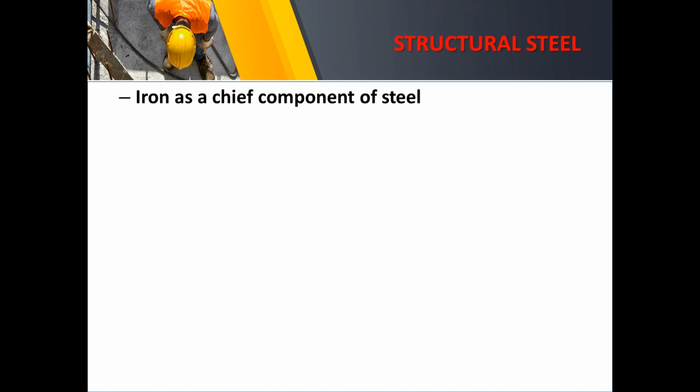Moving on to structural steel, by the way, the main component of steel is iron. It was utilized as early as approximately 4000 BC.